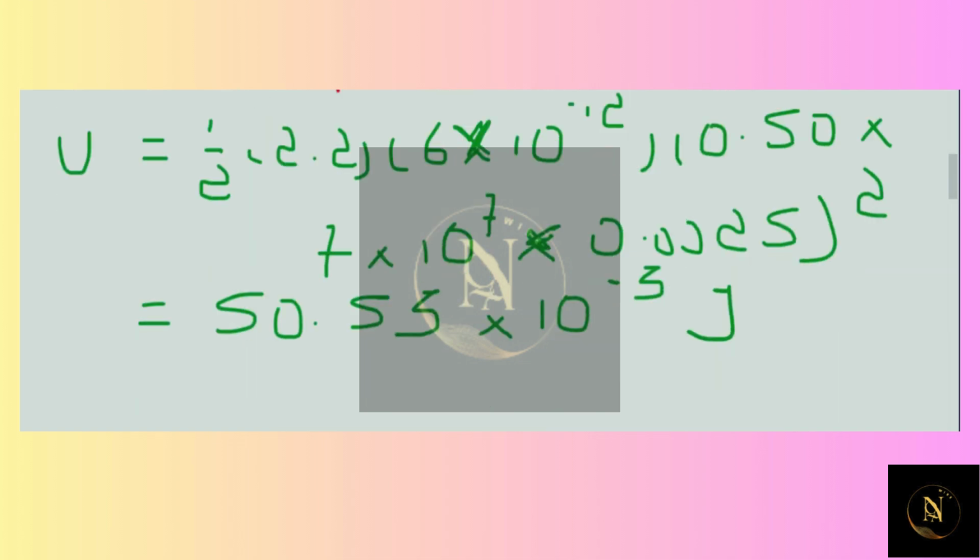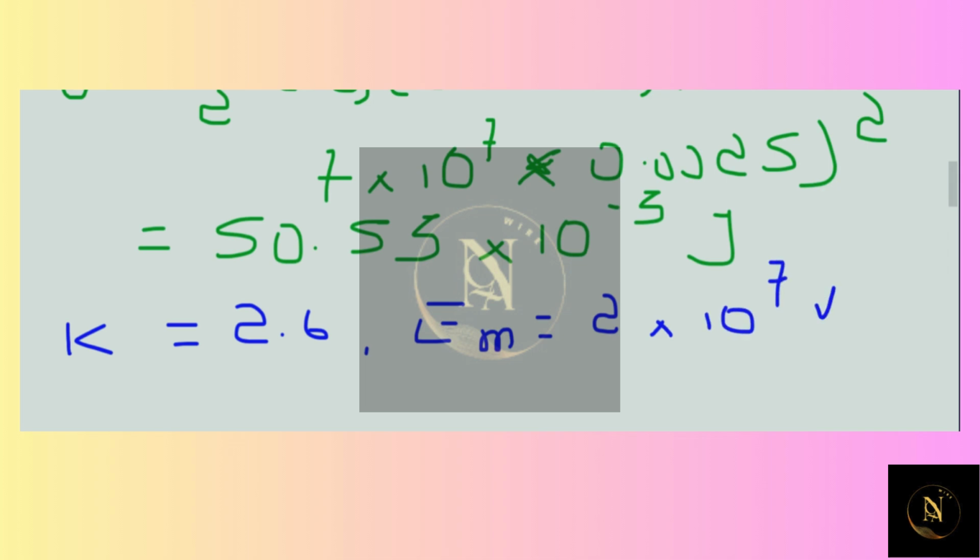In the case of polystyrene, K is equal to 2.6 and EM is equal to 2 into 10 to power 7 volt per meter.